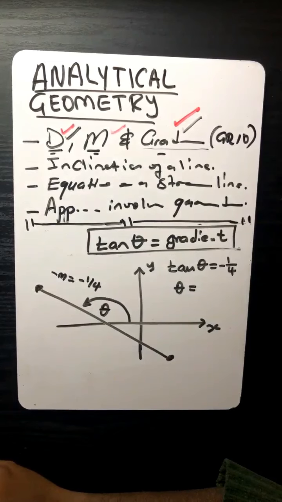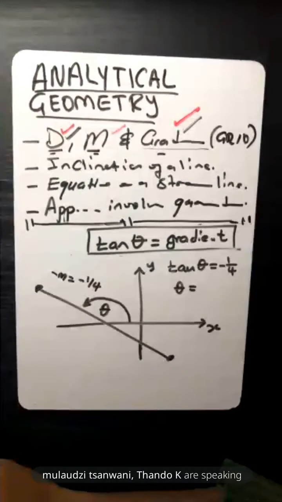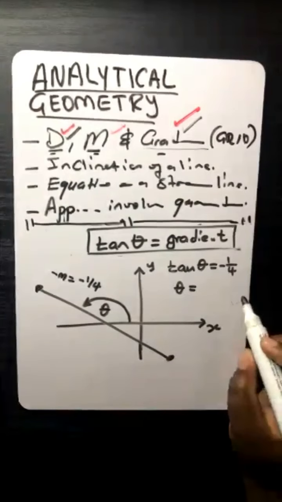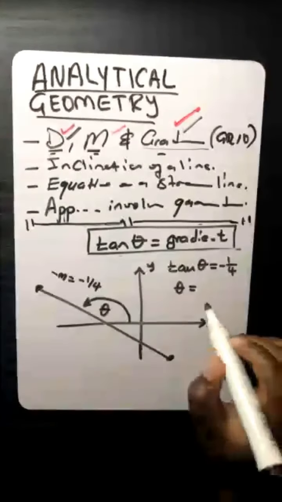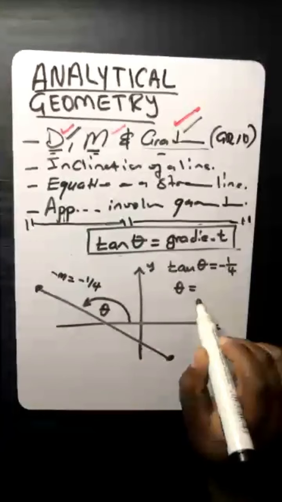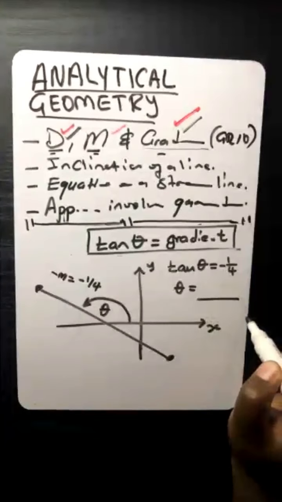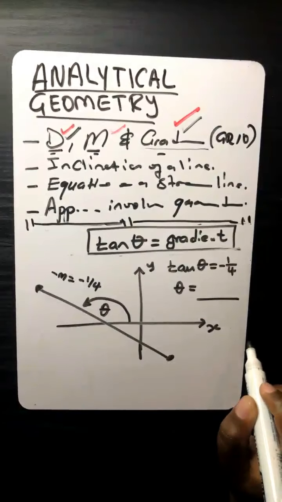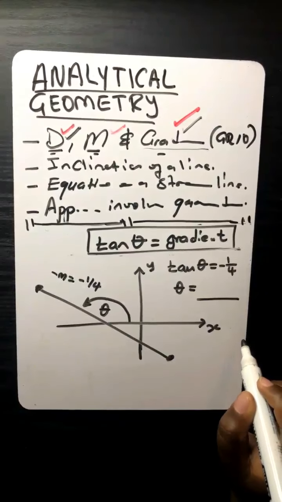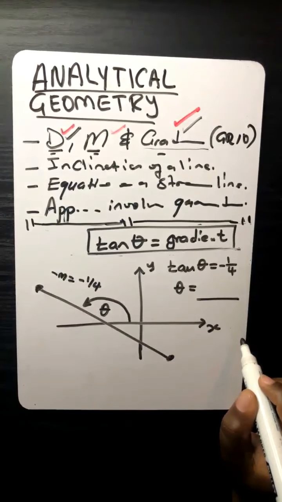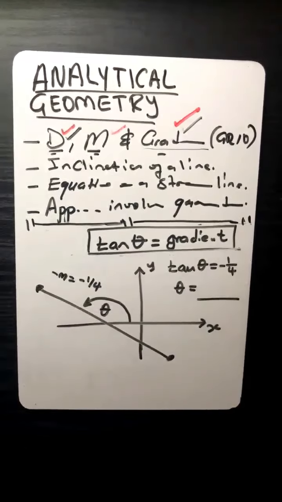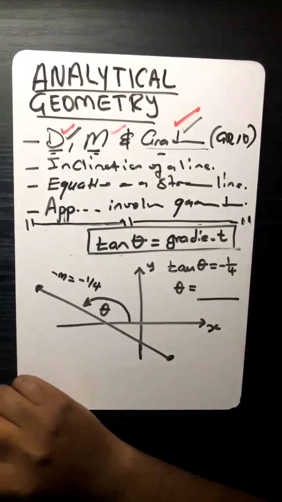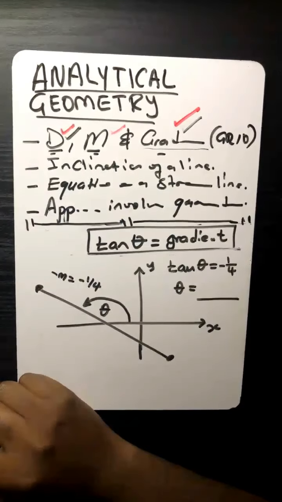More than 90, sir. So that means we must get an angle which is more than 90. If we do not get an angle which is more than 90, then I'm going to teach you how to interpret that part. You just need to be careful that whatever answer you get, you are able to interpret it.